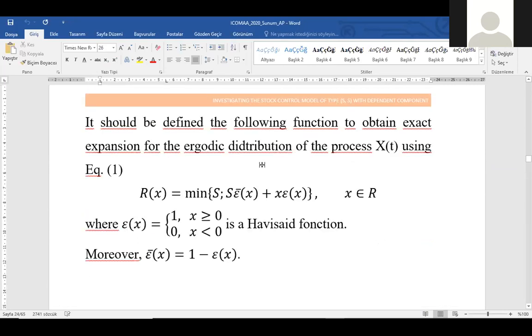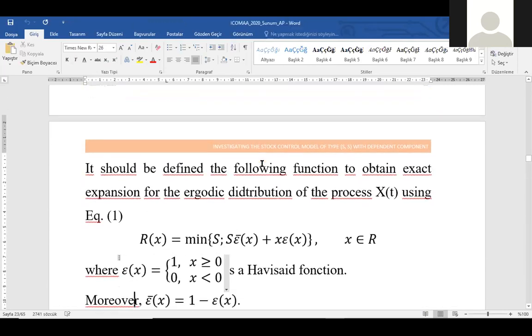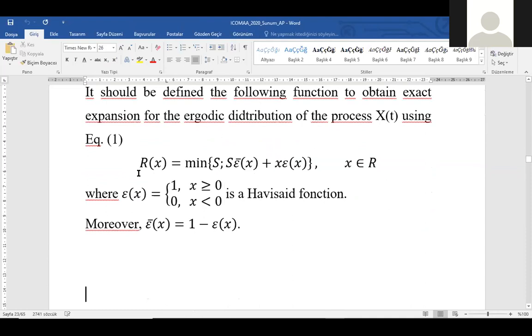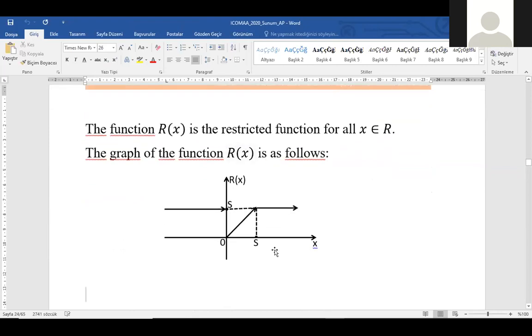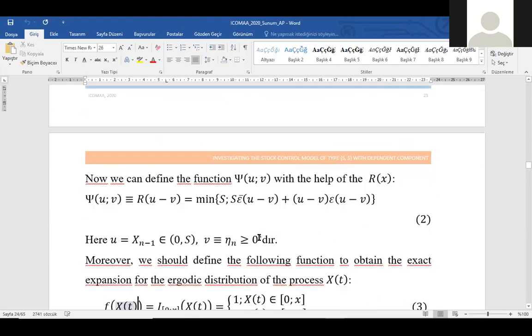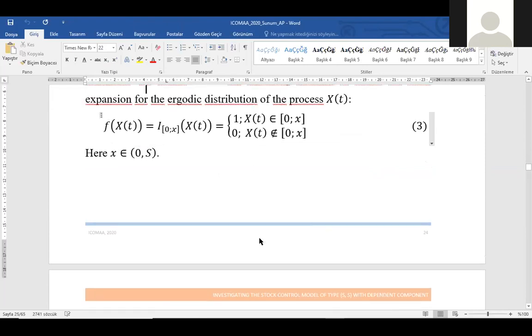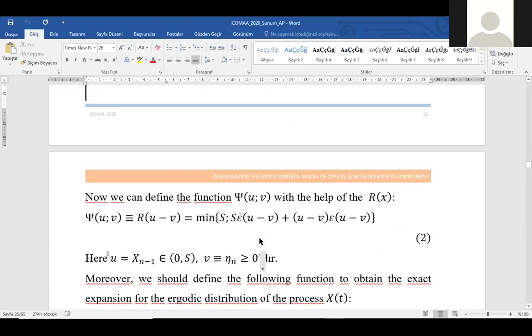For this, we must define some functions, ray of x as this, and this is the graph of ray of x and phi x. We defined the phi function in terms of the ray function.